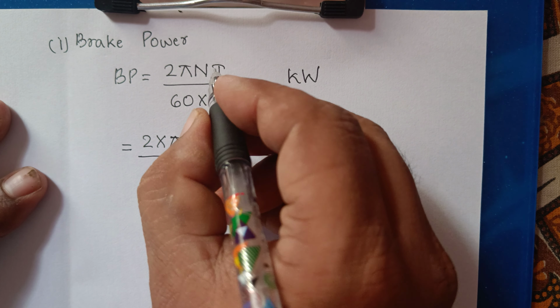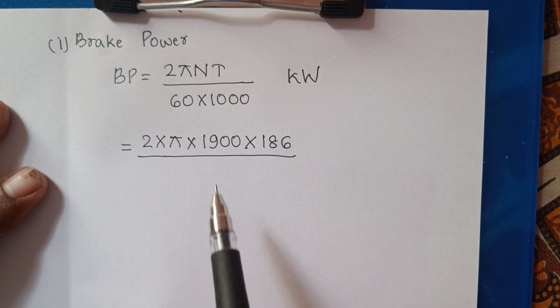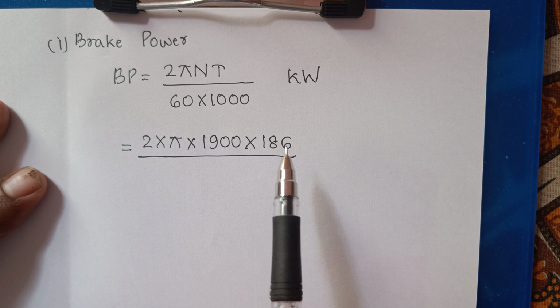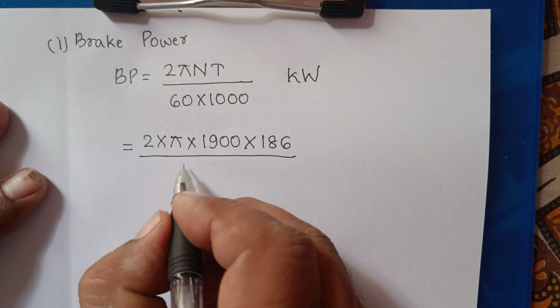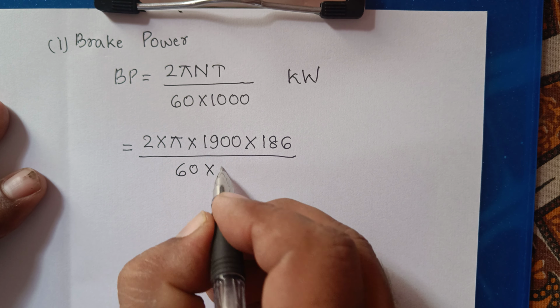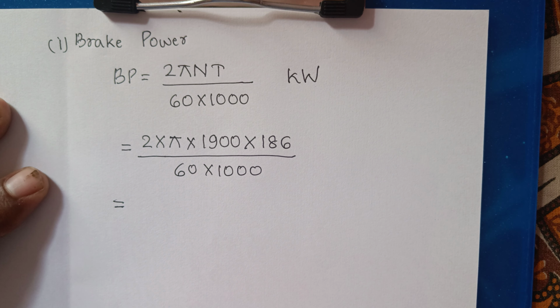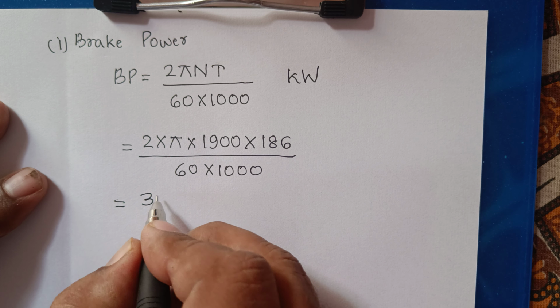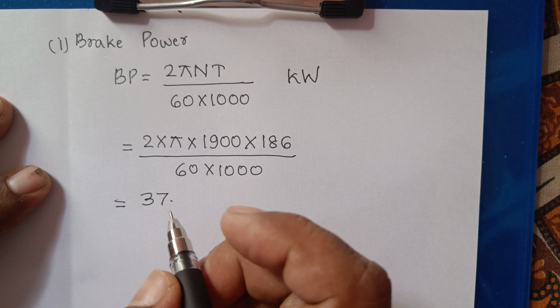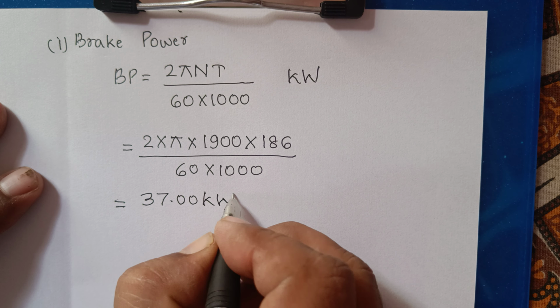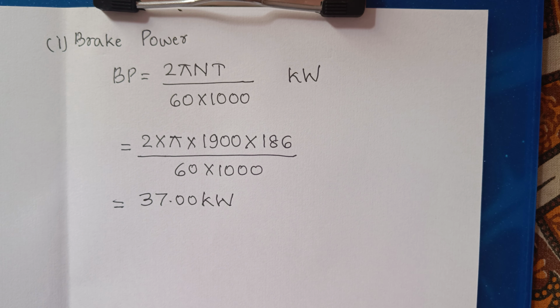So directly torque value is given to us and speed is given. Divided by 60 into 1000. So directly we can find out the value of BP. So you get the value of BP as 37.00 kilowatt.